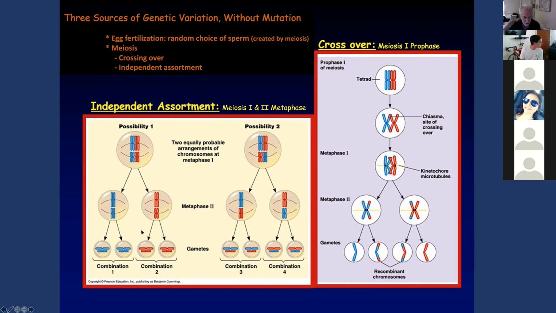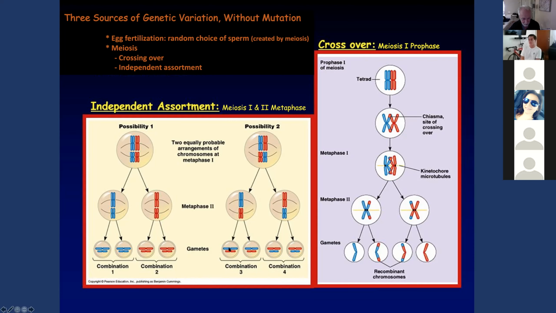That's one possibility. The other is shown on the right, where on this side, there is blue and red for the big ones, still blue and red for the big ones. For the short ones, it switched. It's now red and blue. So when the cell divides, you can now get different combinations.